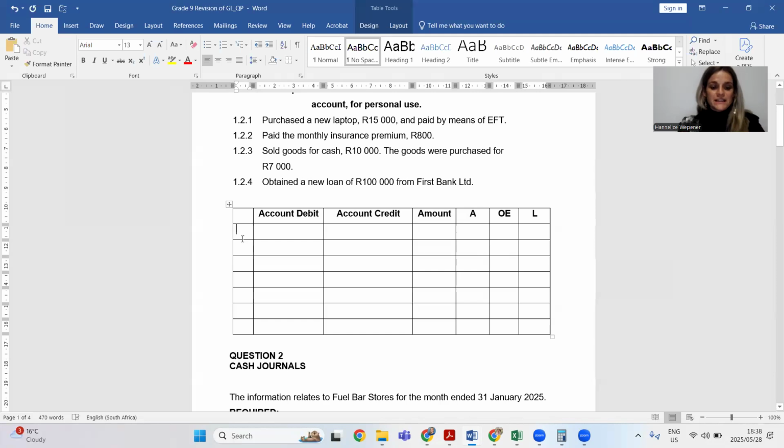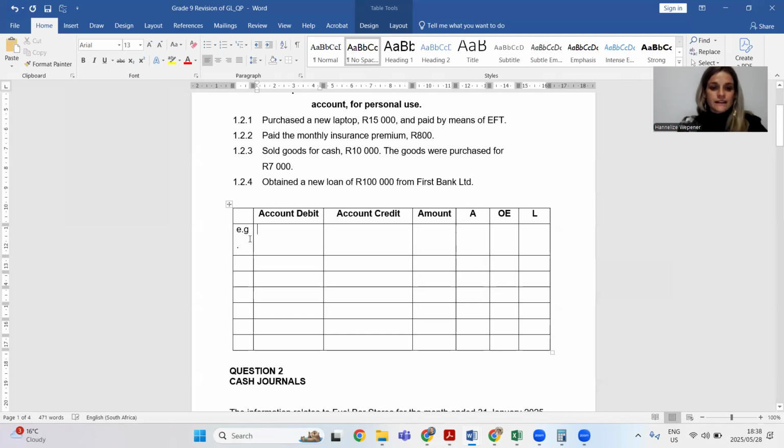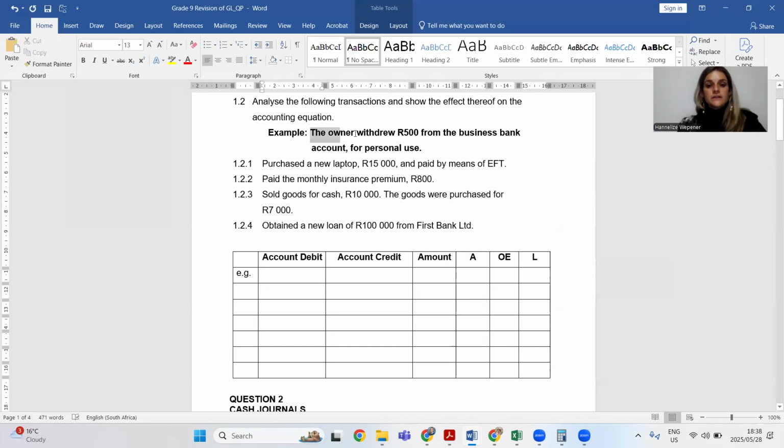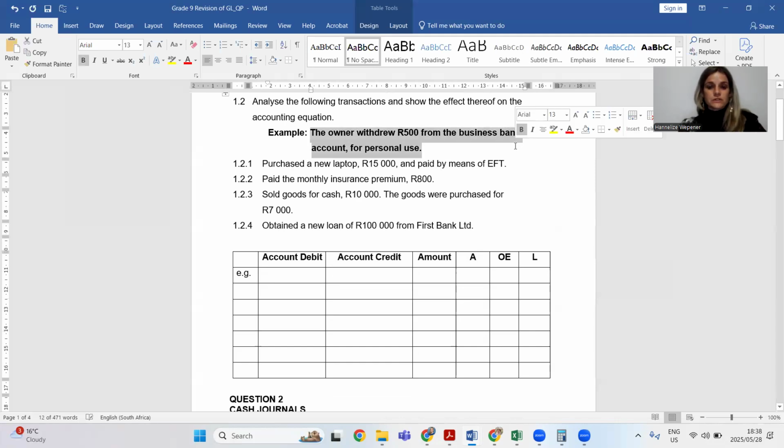Okay, so if we're looking at the example, then we're going to say that our account debit and credit is as follows. The owner withdrew 500 Rand from the business bank account for personal use. Identify the two accounts. So the owner withdrew from the business. Whenever the owner takes money out of the business or anything else for that matter, then it is considered drawings.